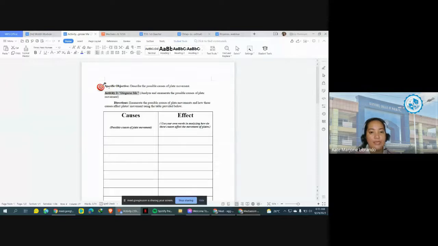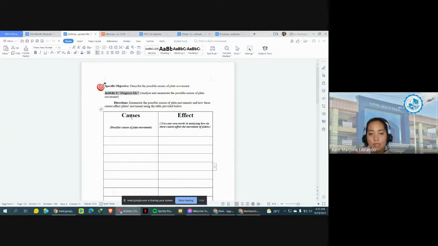Okay, so as we finish this one, here, as you can see, I have this activity of yours, which is the activity to diagnose, wherein you are asked to analyze and enumerate the possible causes of plate movements. Okay, and then those are the causes and effects.